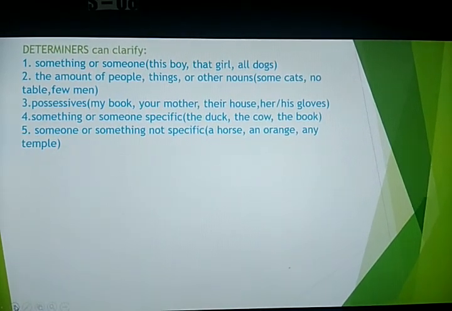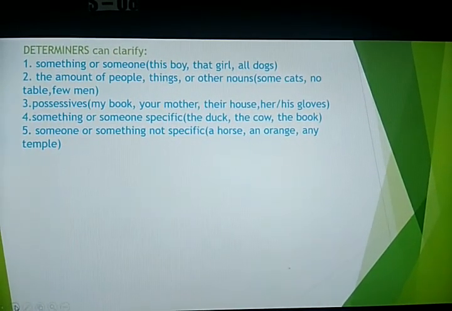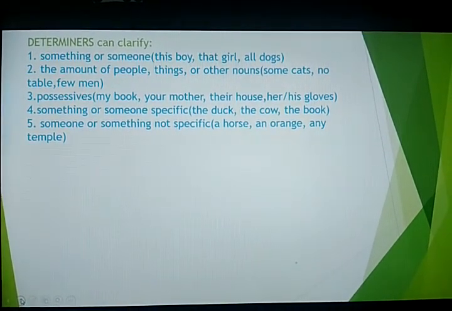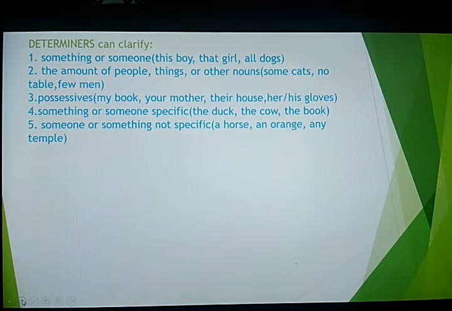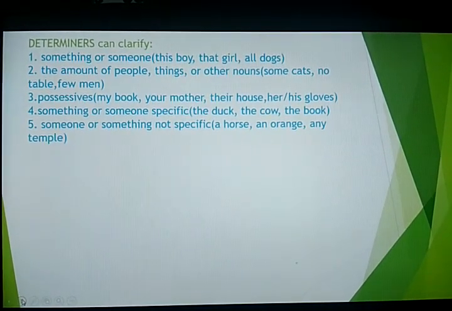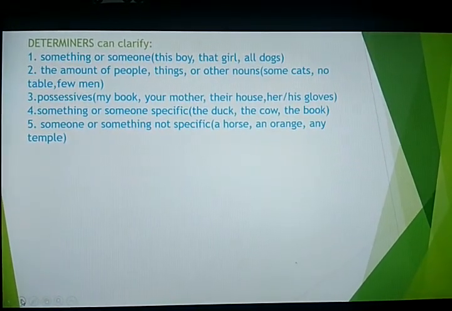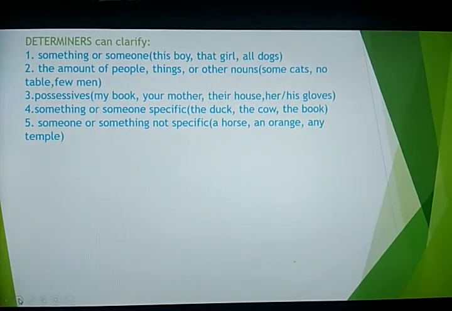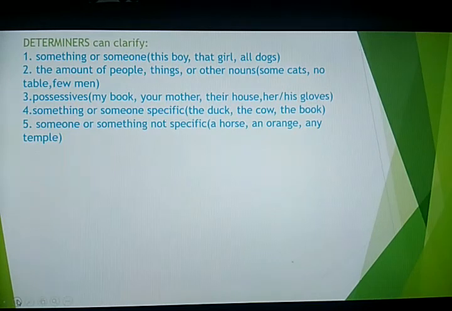Okay. A horse, an orange, and an apple. So a horse, which means there are many horses, and you are talking about one of those horses, which is not particular, indefinite. Like when we say a boy and the boy, there is a difference, right?